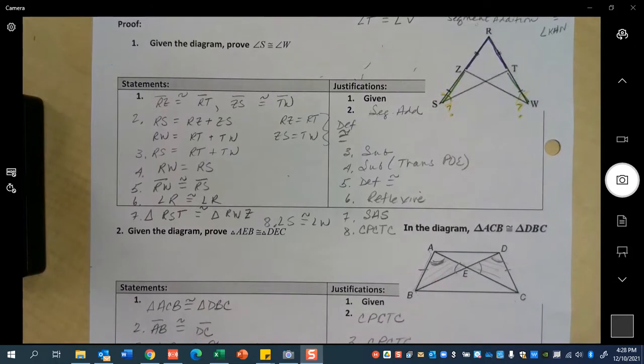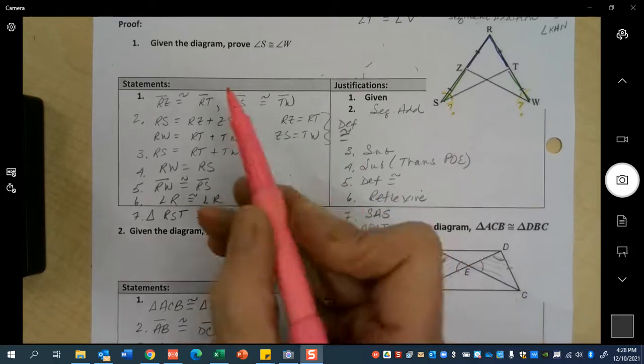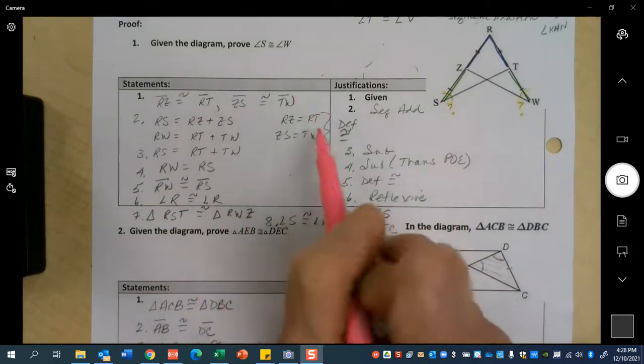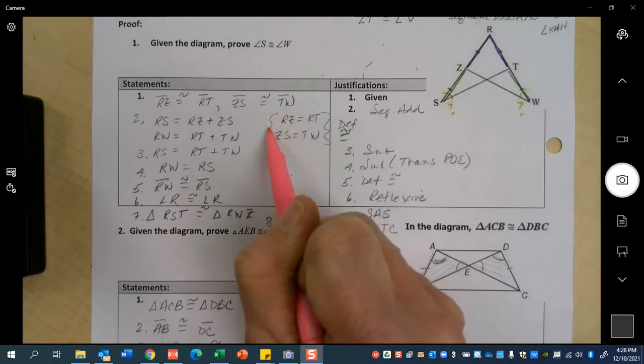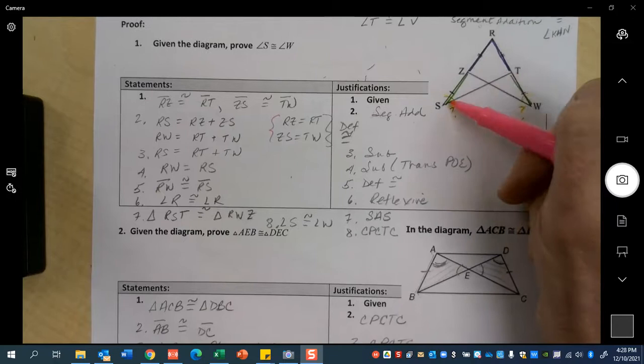So what I end up doing is using segment addition. First of all, I go from my congruent sides using my definition of congruence to having my measures be the same, because I'm going to be doing some substituting.